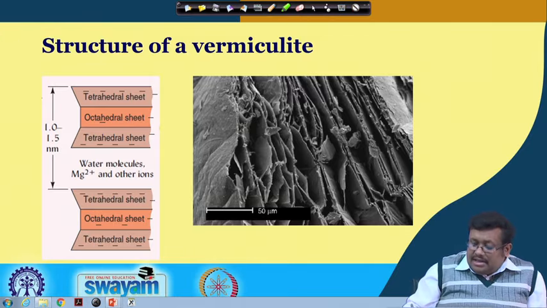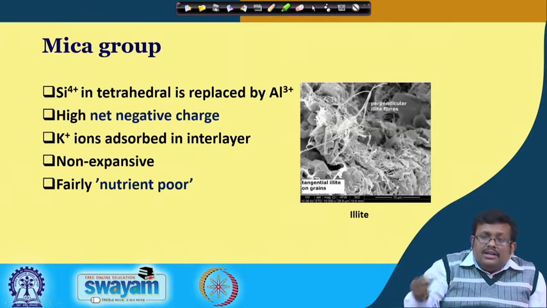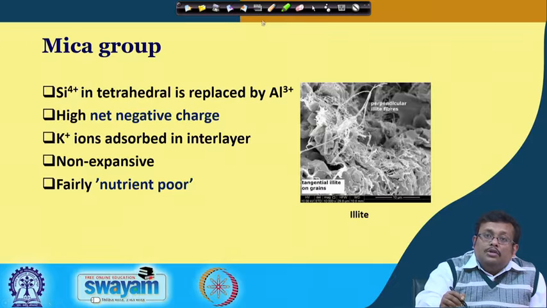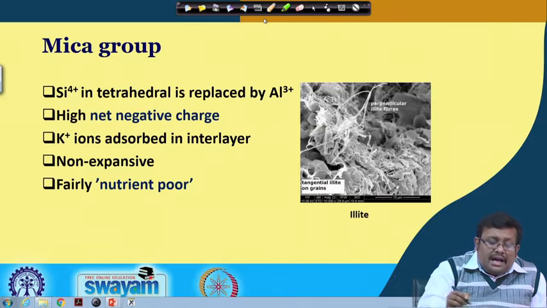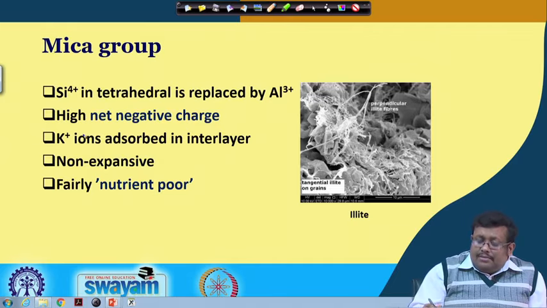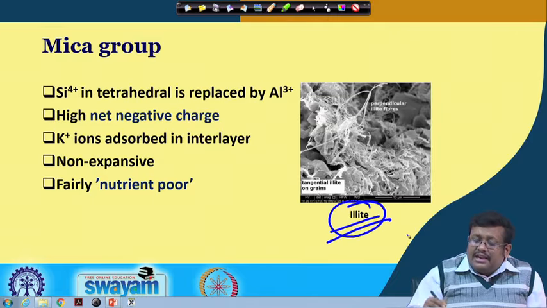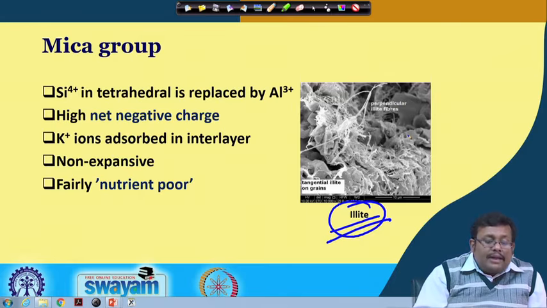So, let us see what we have next. The next group is the mica group. The mica group is basically represented by this mineral called illite, and illite will look fibrous under the electron microscope.